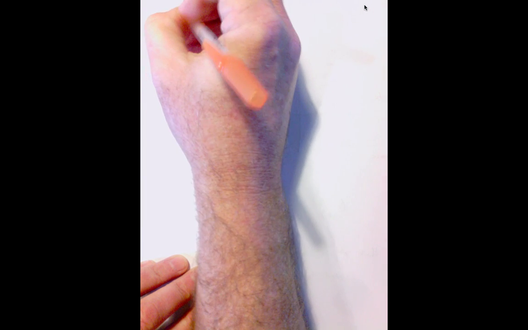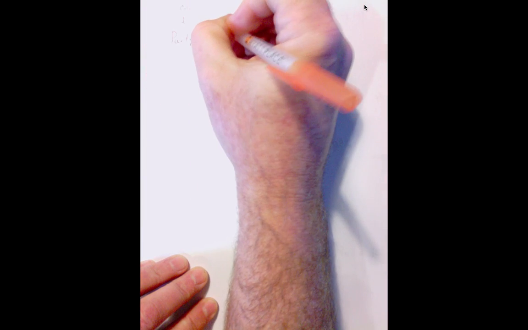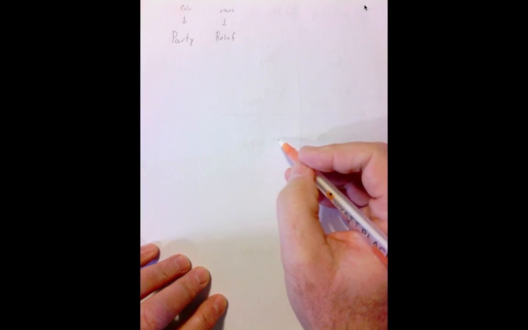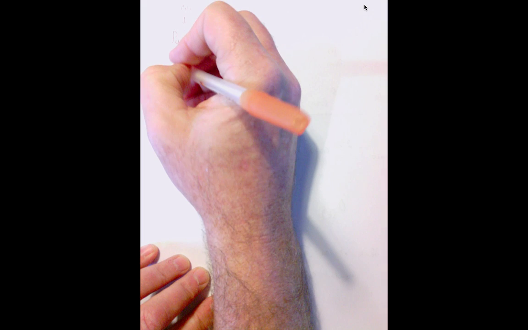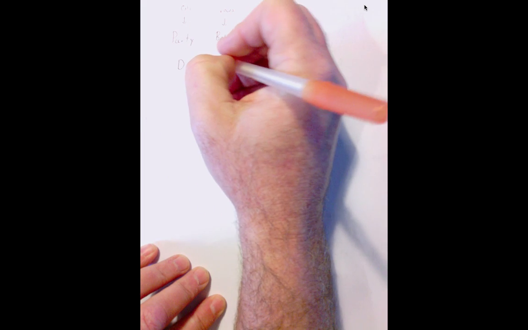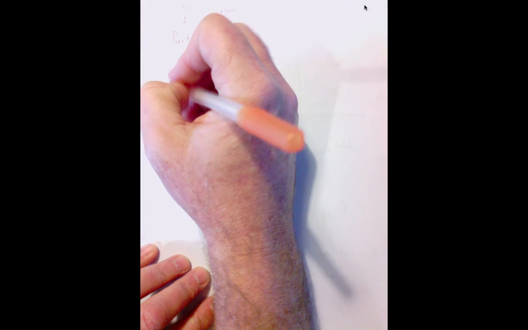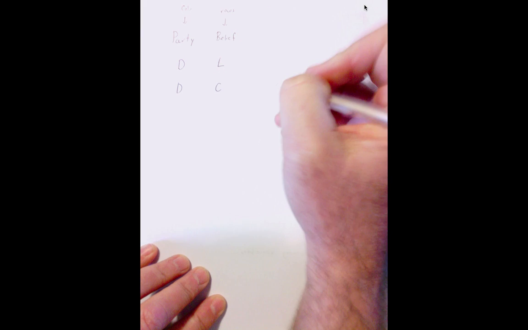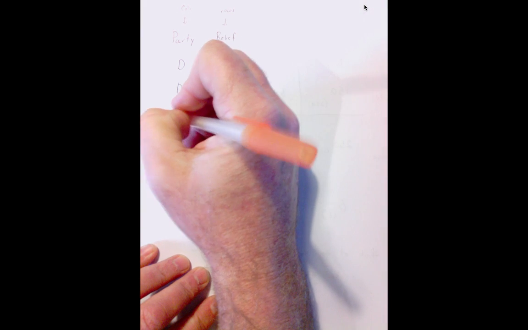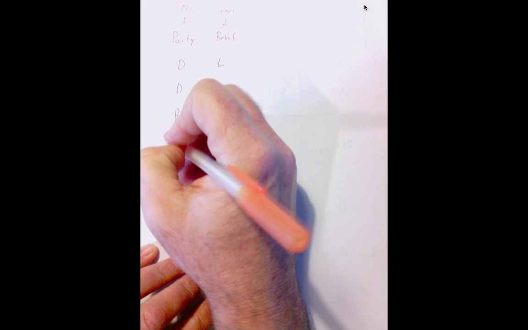The way I always set these things up in this context is I look at the columns first, and I look at the rows second. So let's look at the possibilities that we could have for party. Well, we could have a Democrat who was pro-life, or a Democrat who was pro-choice. We could have a Republican who was pro-life, or a Republican who was pro-choice.